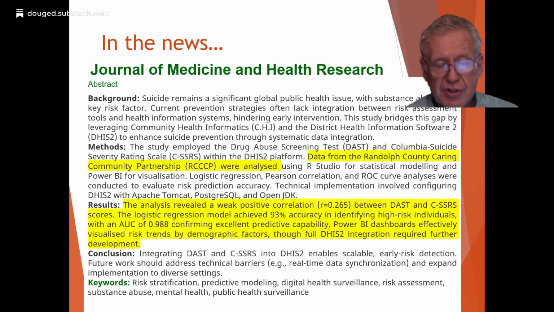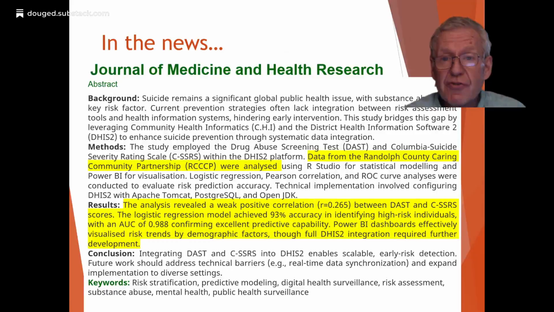And as the results show, the analysis revealed a weak positive correlation, 0.265. That shows that there's a slight positive correlation, but not a strong positive correlation. So it doesn't follow that you can predict suicide scores based on addiction scores.